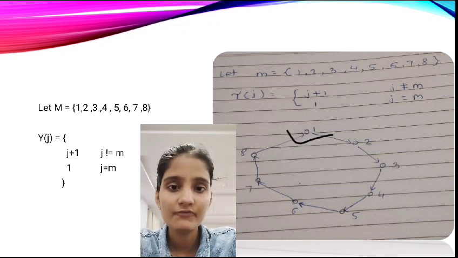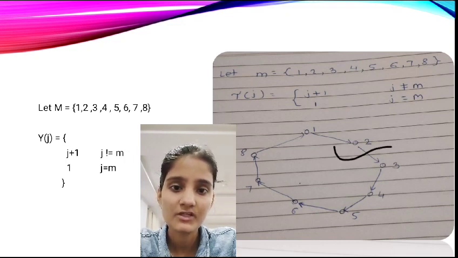Since 1 is not equal to m, we do j plus 1, giving 2. Again j is not equal to m, so again we do the operation j plus 1. In this way we finally reach j equal to 8.